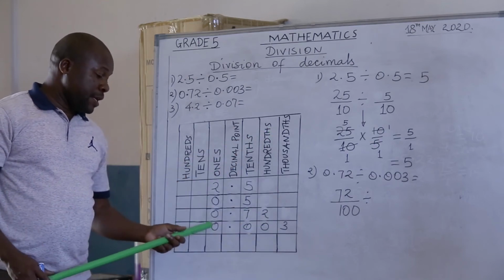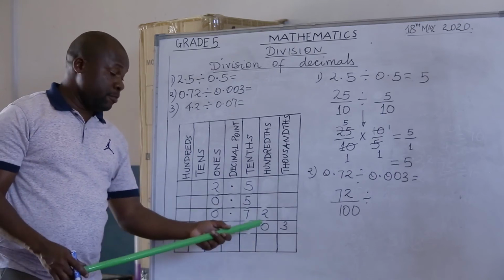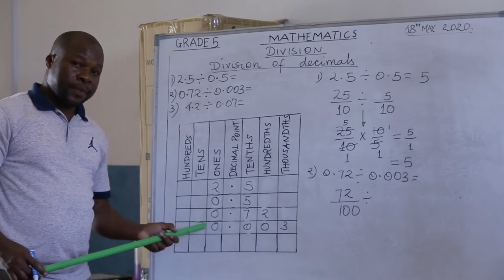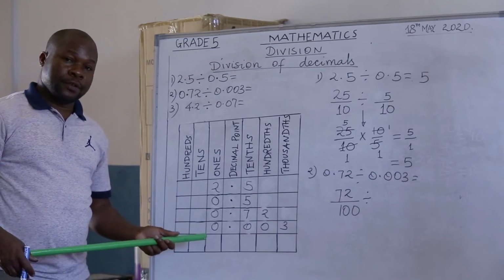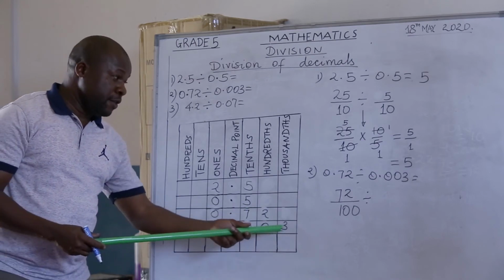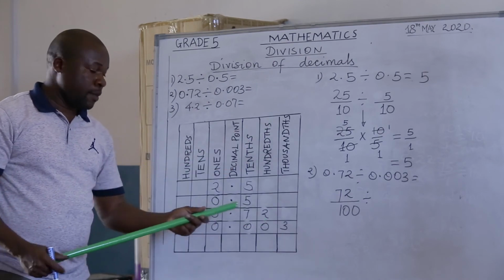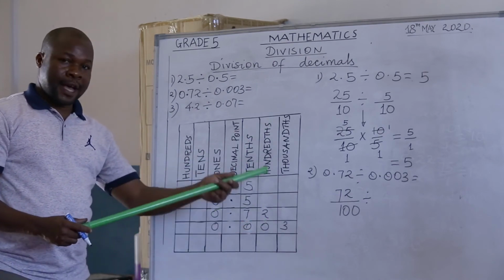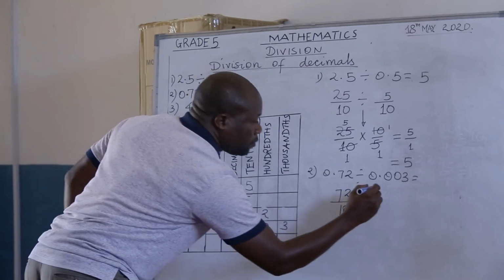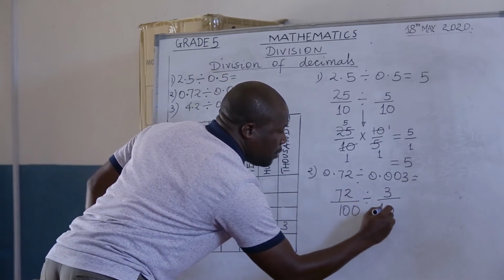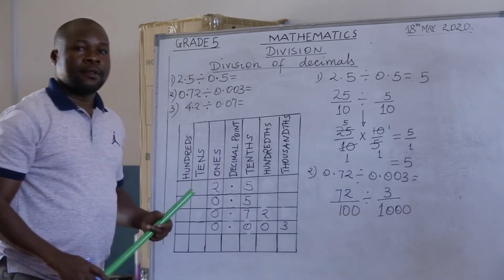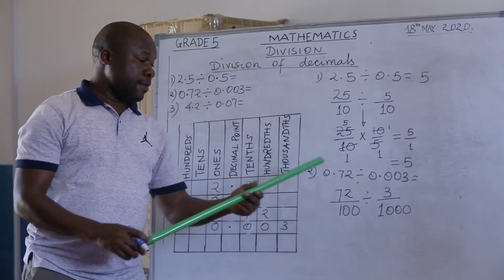There is no need of saying 0 and 003 thousandths, because these zeros here have got no value. There is no need of mentioning them. So simply say 3 thousandths, written as 3 out of 1,000.